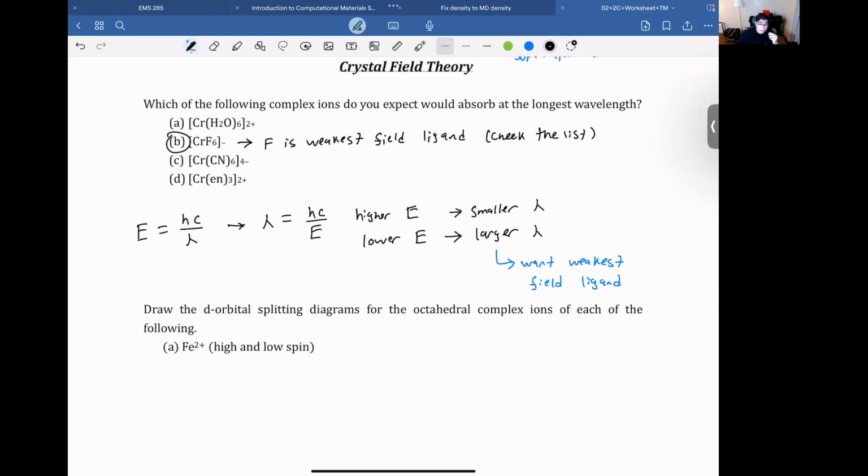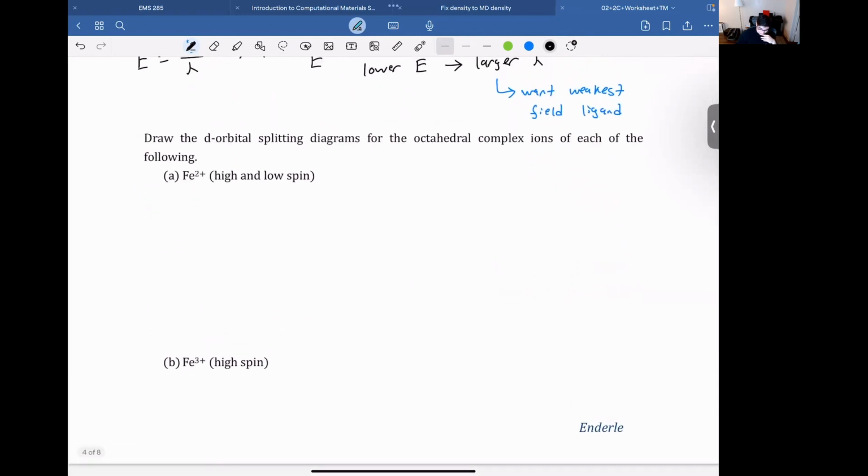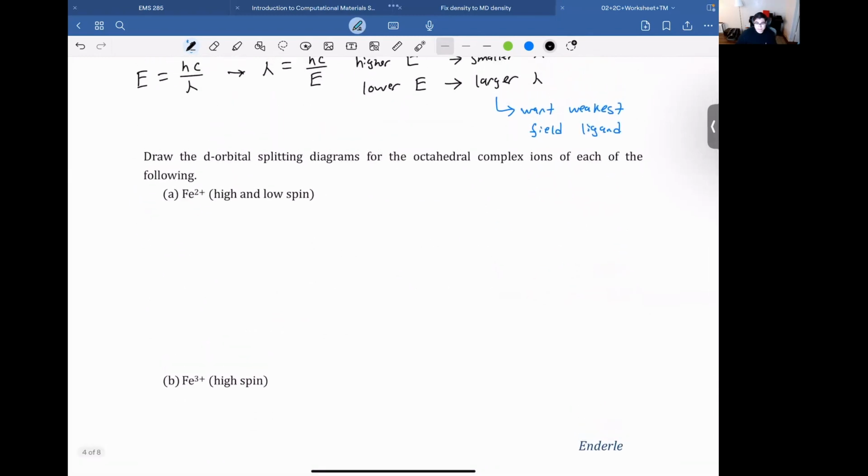Next, we have to draw the d orbital splitting diagrams for the different octahedral complexes of the following. So we have high spin and low spin. All right, so the noble gas notation for iron.